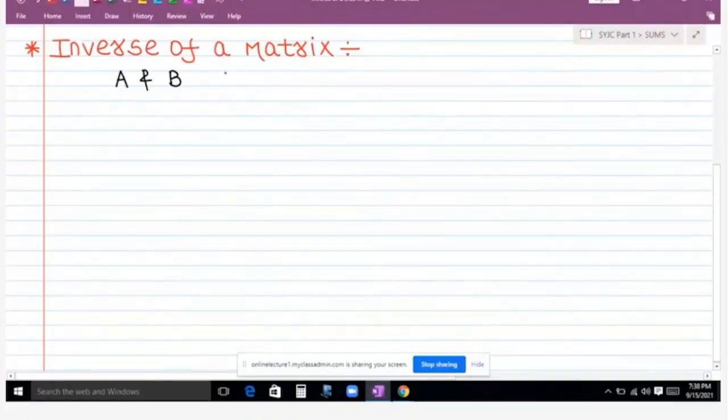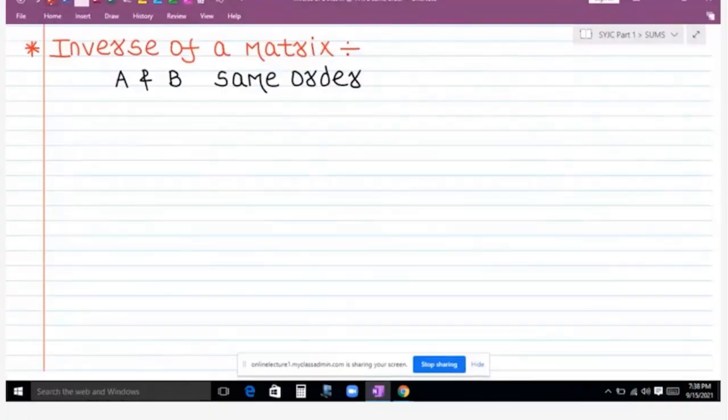ये देखो, if A and B are two square matrices, I repeat, if A and B are two square matrices which are of the same order, then if A into B becomes equal to I, where what I stands for?